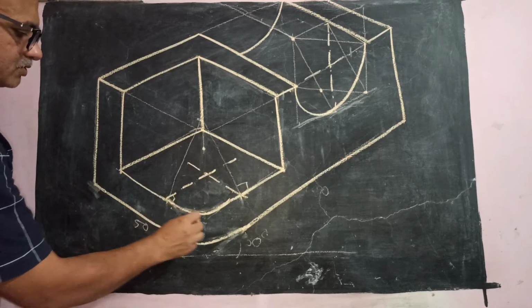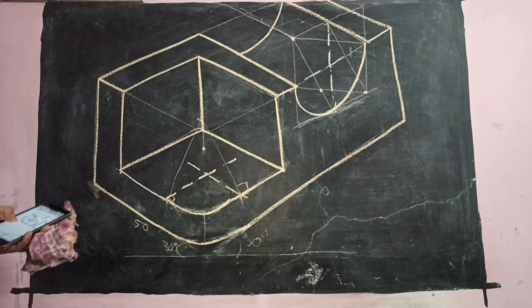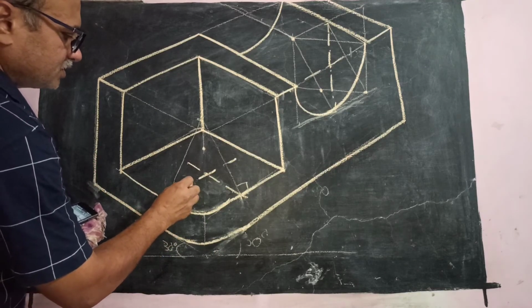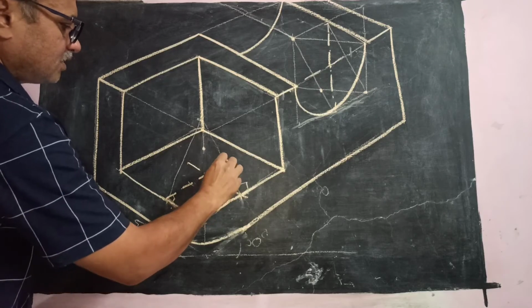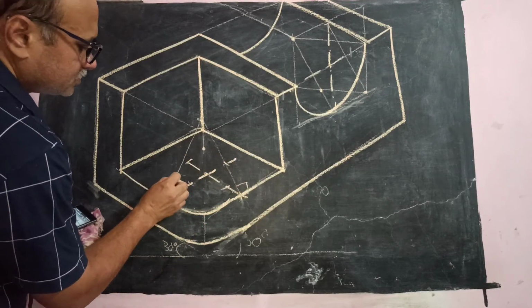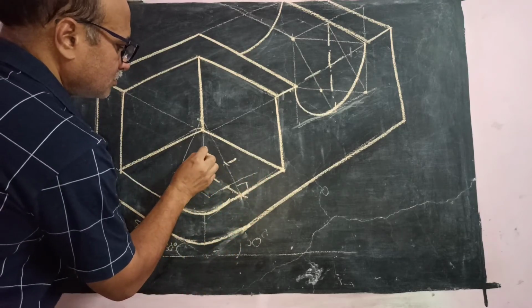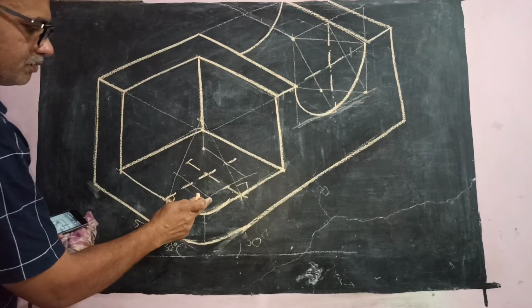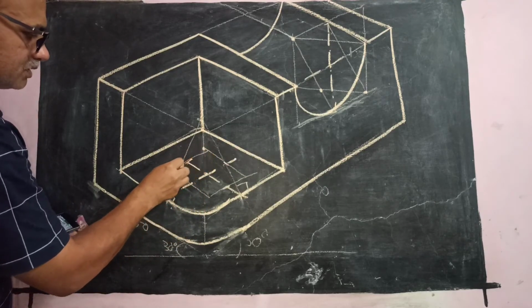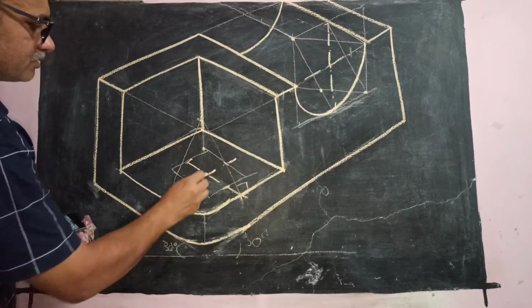This is 20, this is also 20 from here, and the diameter is 15, so 7.5 on this side, on this side, on this side, and on this side also. So draw this rhombus. 7.5. These two lines must be parallel to each other.